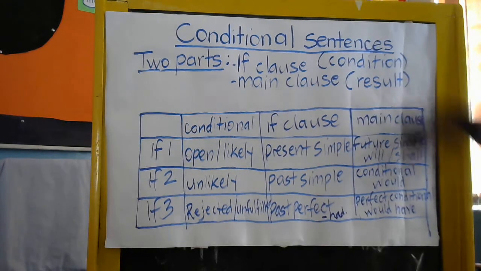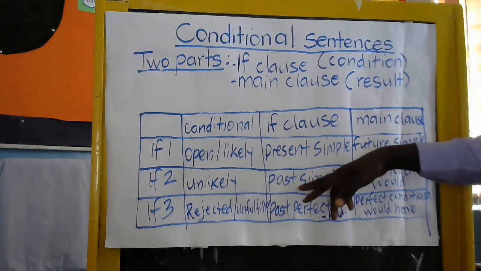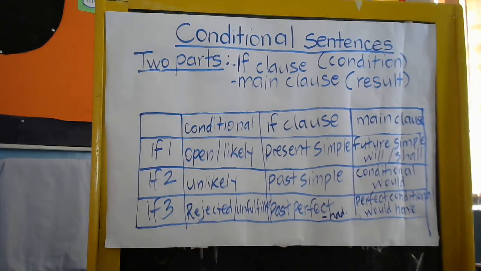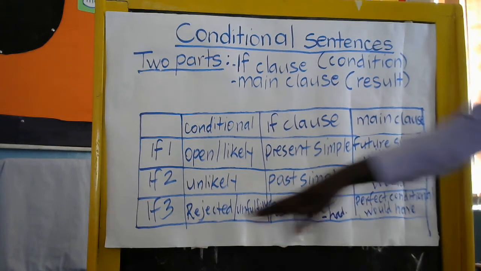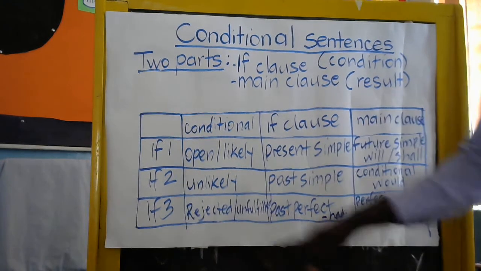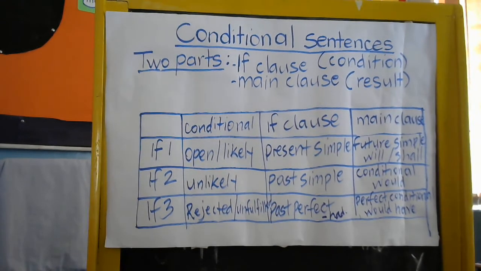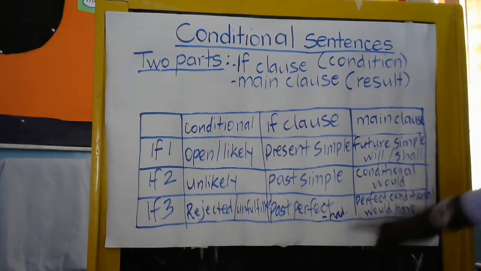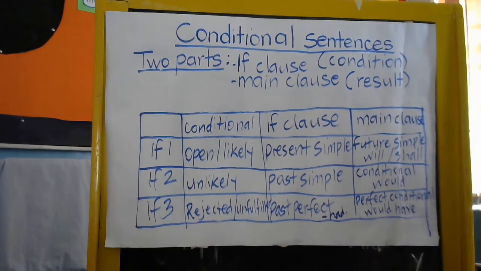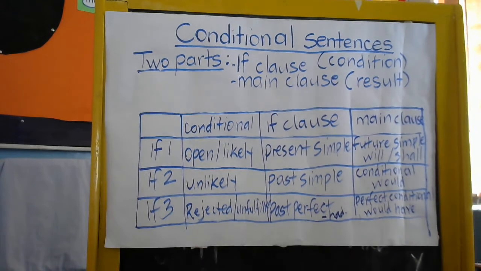The verb in the if clause here changes to past simple. And in the main clause we have conditional would. And lastly, we have if 3 that we said is also known as rejected or unfulfilled conditional. So in the if clause, when we are dealing with if 3, we have the past perfect. And what do we do to come up with the past perfect? We need the helping verb had plus the past participle of the verb that you will be given.